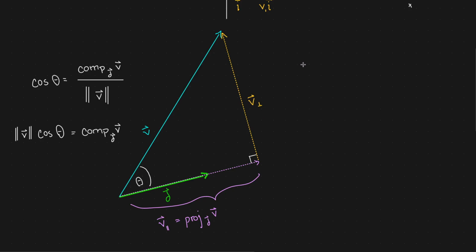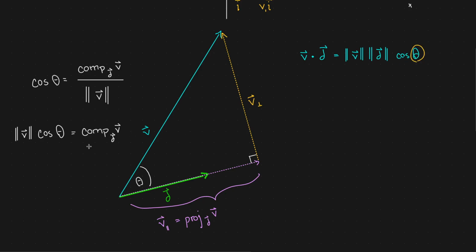So in particular, remember that if I take the dot product of two vectors, and I'm going to use vector d here, because it's pointing the same direction, angle theta is also the angle between vector v and vector d. I get norm of v, norm of d, times the cosine of the angle between v and d.